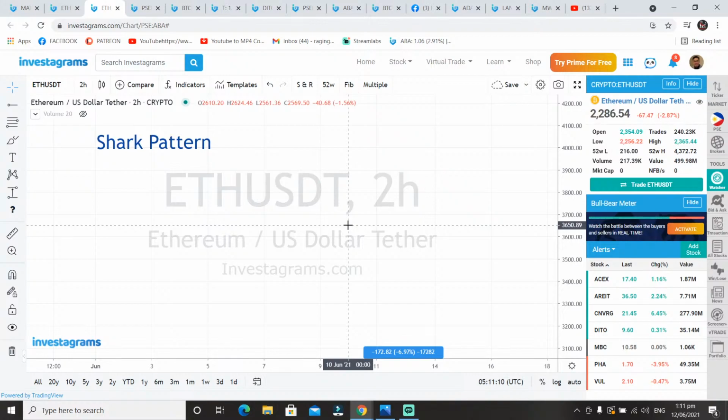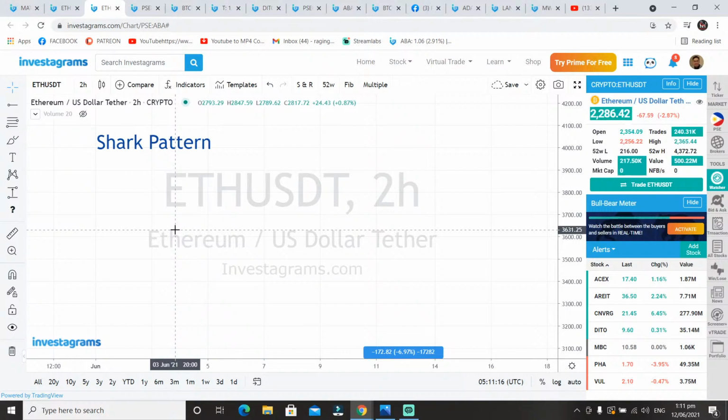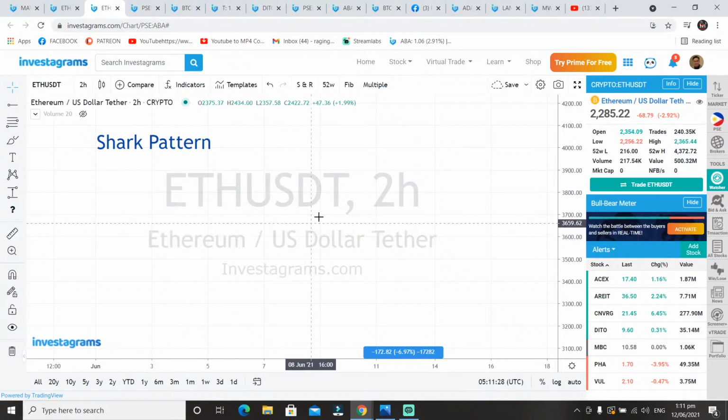Because others think that if your win rate is 50%, say you bet $10 and lose the whole $10, and then win $10, you just break even.